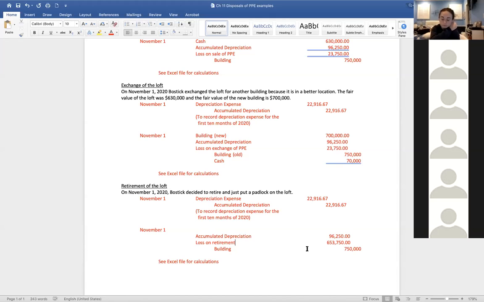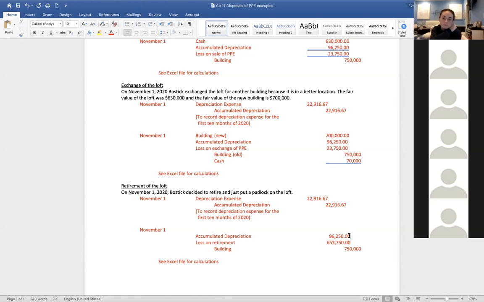So all I would need to do is debit the building for $750,000 and credit accumulated depreciation for $750,000. Okay, because if I had fully depreciated, the cost and the accumulated depreciation would be the same number. So when you retire an asset, you cannot have a gain.